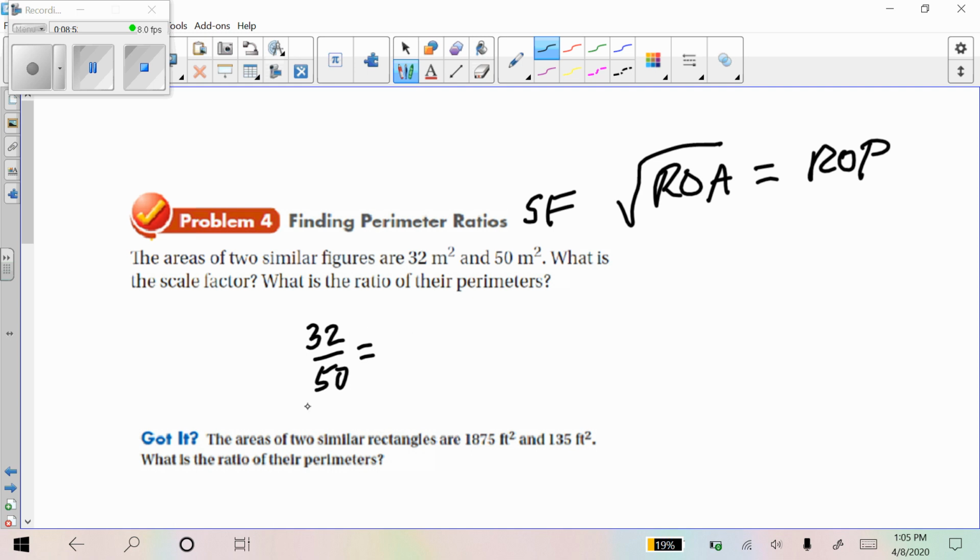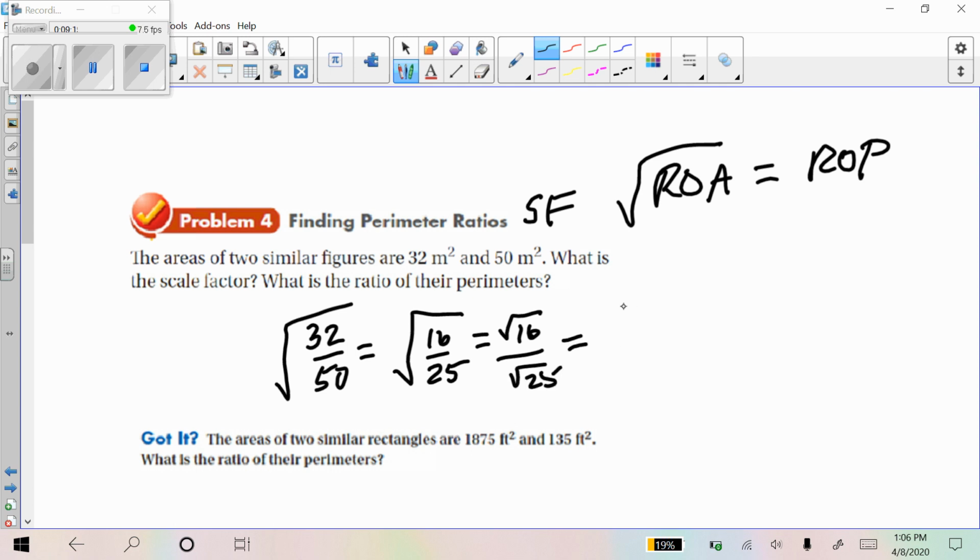So we're going to do the square root of 32 over 50. Now 32 over 50 I can simplify. That equals 16 over 25 simplified. And that works out nice because both of those are perfect squares. And so the ratio of the perimeters, which is equal to the scale factor, will be 4 over 5.